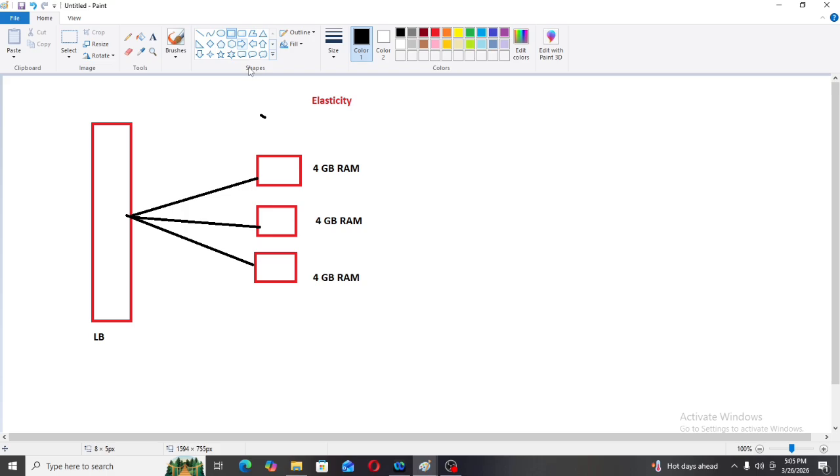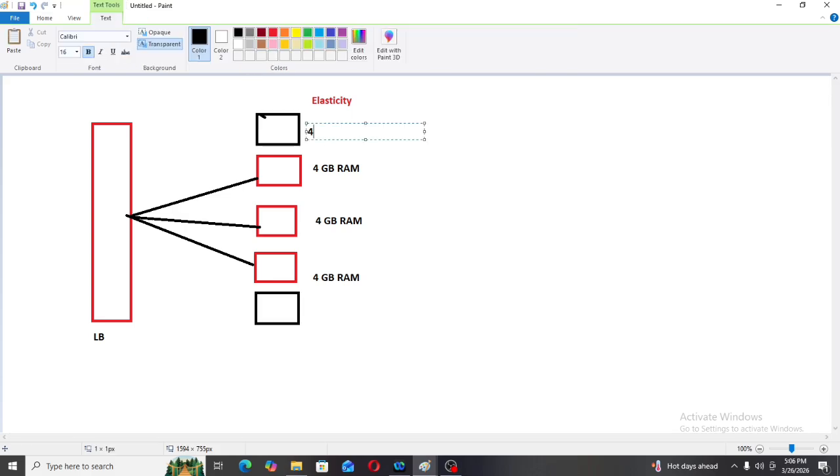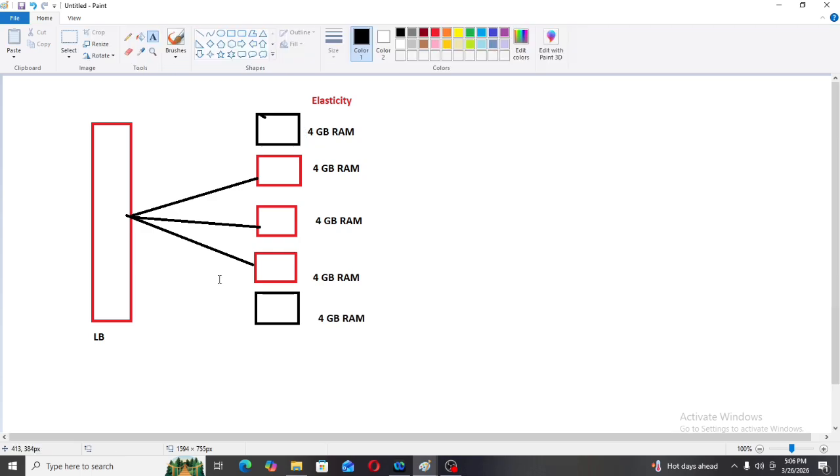Now these two servers also have the same configuration, which means these servers will also have 4 GB of RAM only, and here also the same. On Friday there is much traffic on these servers, that's why we have increased the servers.